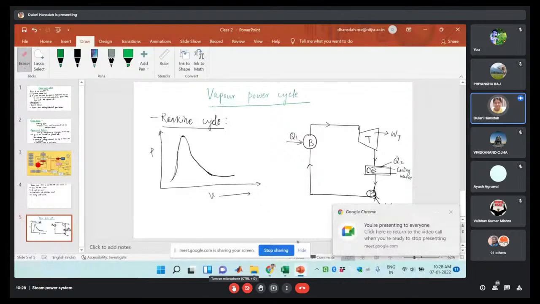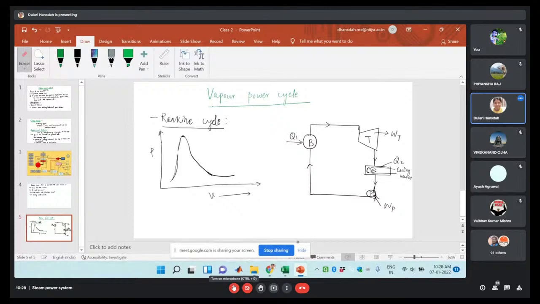So now I'm going to discuss the PV diagram. In case of this PV diagram, we will discuss the individual processes. The first one is the boiler. As I have already told you, in the boiler your liquid will be converted into steam.